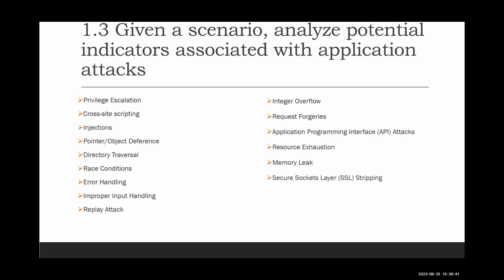Next is SSL stripping, secure sockets layer stripping. This is a type of attack that involves removing or modifying the SSL or TLS encryption from a website. This allows an attacker to view or modify sensitive information. SSL allows for secure transmitting of data across the network.